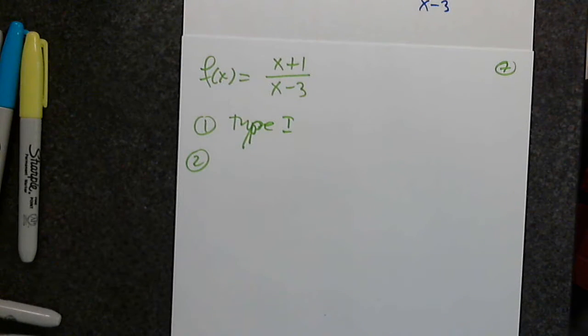So, can anyone give us a domain of this function? Say it again. Remember rational equations. We solved rational equations and we said all your numbers except, what could be the problem?